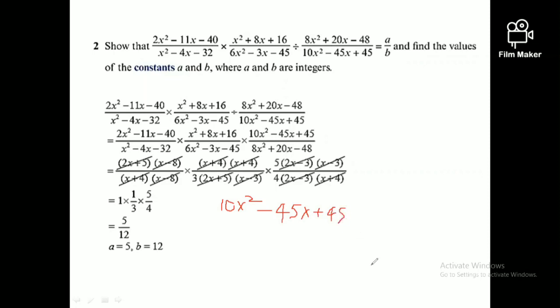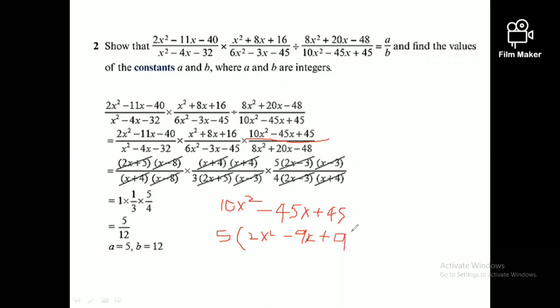Okay. Then first you can take 5 out. If you take 5 out, working out this part of the example, this turns up to 5 times (2x squared minus 9x plus 9), right?